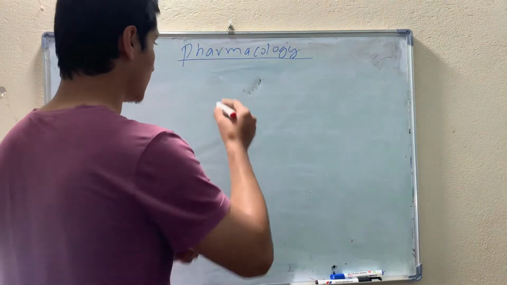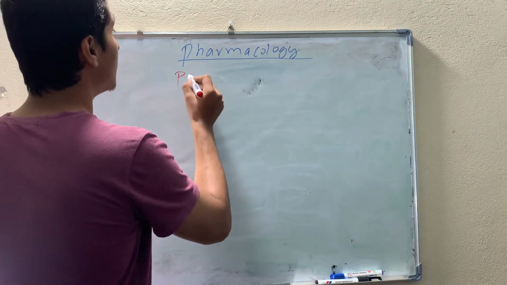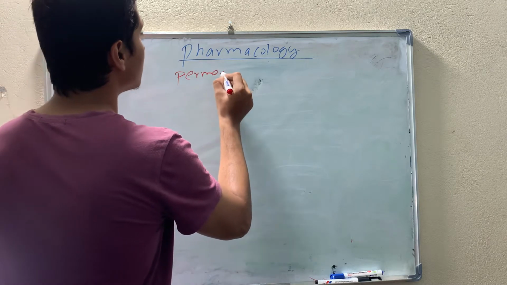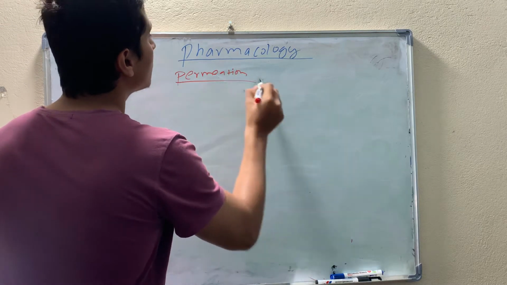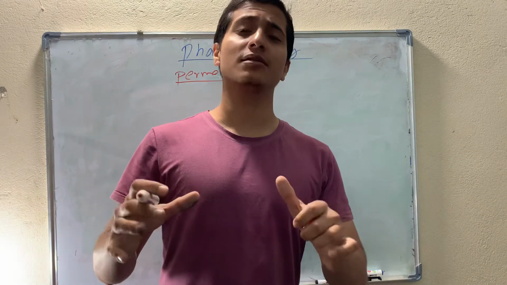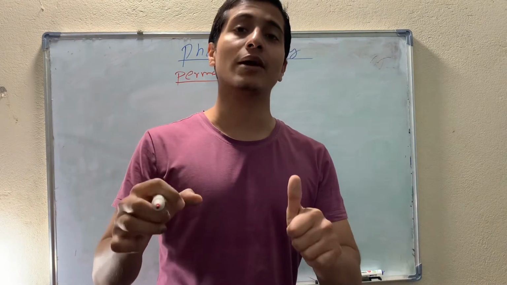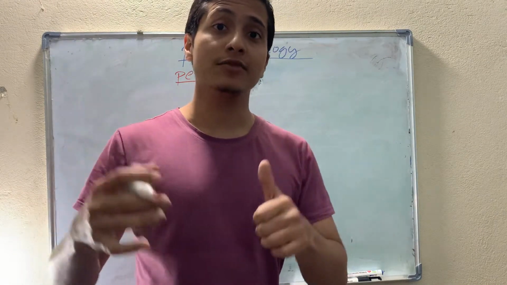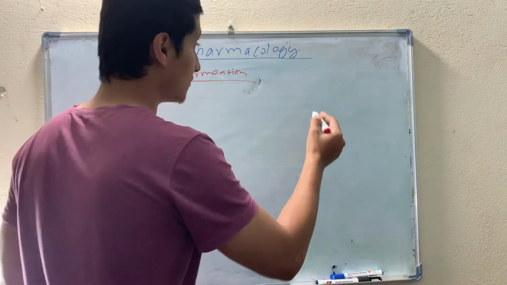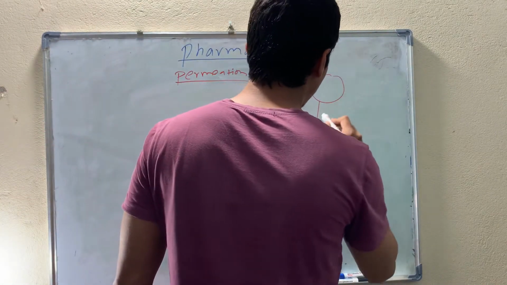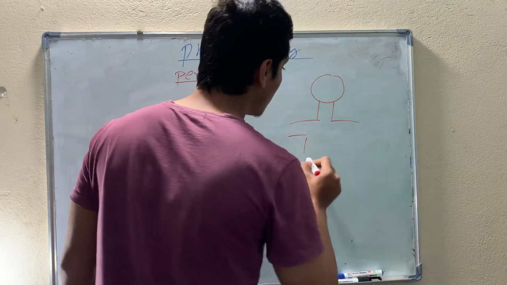So what's permeation? Let's use the red pen. Permeation. So what's basically permeation? Permeation is all about the ability of the drug to move effectively in the body. Suppose this is your body, right?